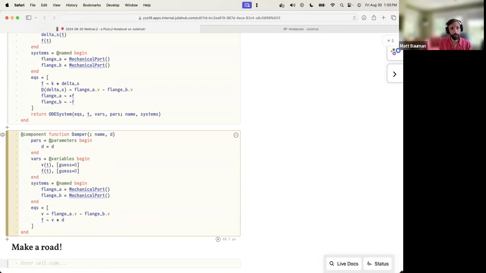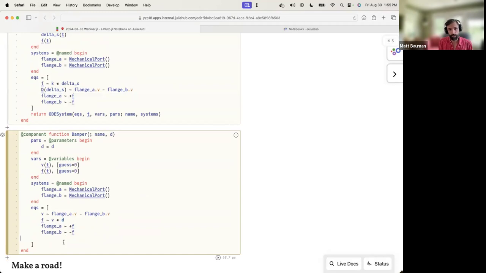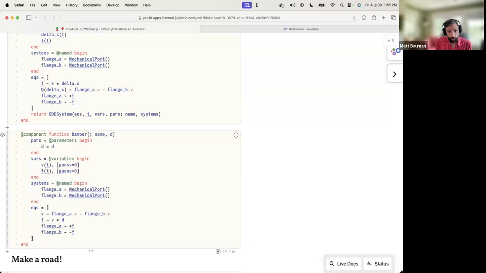And just like the spring, we want to propagate the forces back out such that flange A and flange B grab their plus and minus forces appropriately, right? The force needs to propagate through the damper as it does its work. So this is our damper.